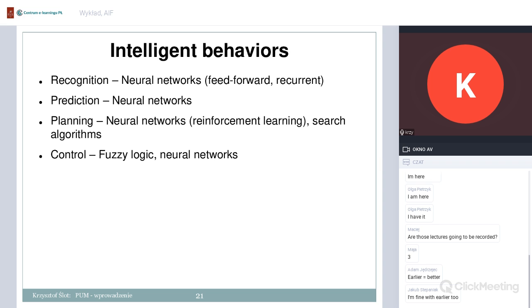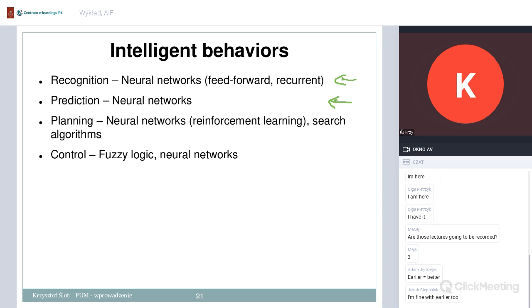But typically, the tools that are used right now for performing each of these intelligent behaviors, for recognition, neural networks are the winners. I mean, there is no competitor right now to neural networks in recognition. Also, there is no competitor in prediction.